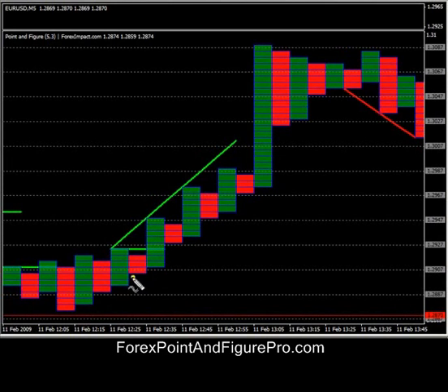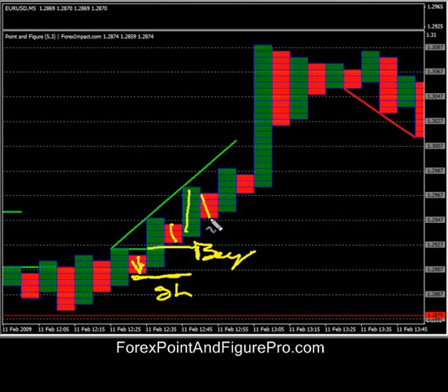Now, we have a previous support that's already been tested during this column. So we put our stop loss here, we buy right here, and as the market goes up, what's nice is we have these pullbacks. Well, then the market pushes higher. When it pushes higher and you get another pullback, you can move your stop from where it currently is up to, say, break even.